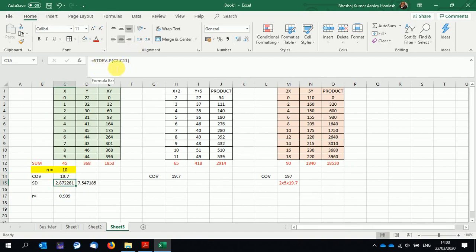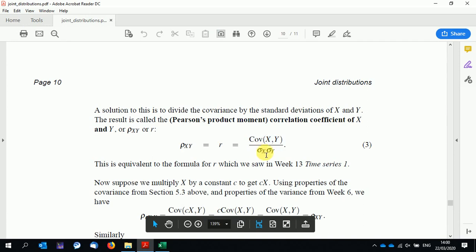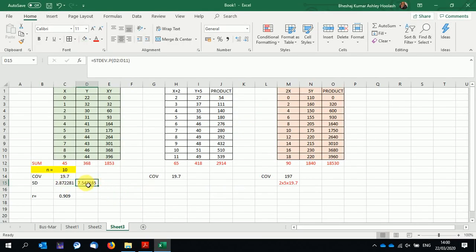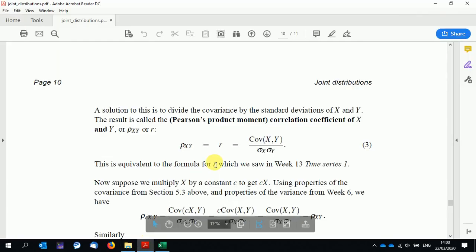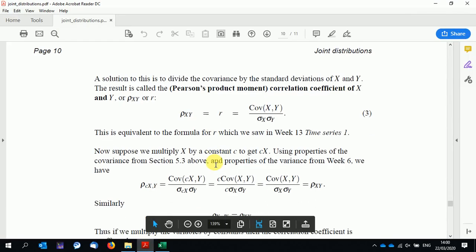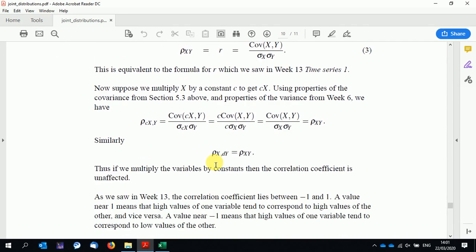I've used this formula here to find the standard deviation of x and the standard deviation of y. Remember, you have to do that manually and double check. And covariance divided by the product of the two standard deviations should give you the value of r, which is 0.909, which we got here as well. So you might be asked to find something similar. I'll let you read this by yourself.